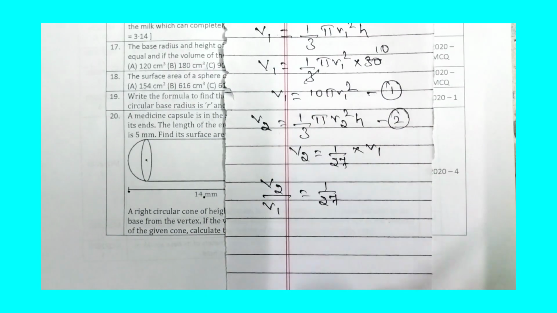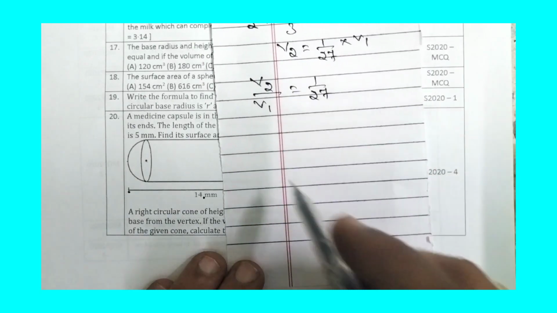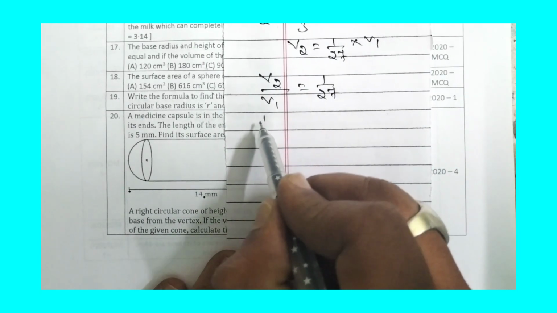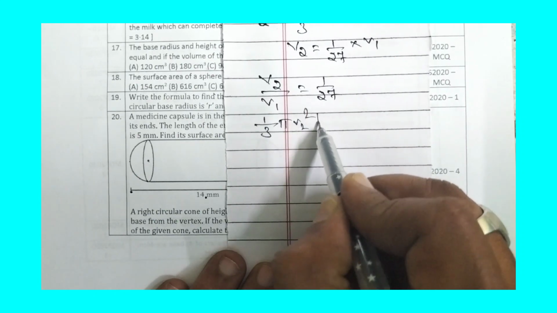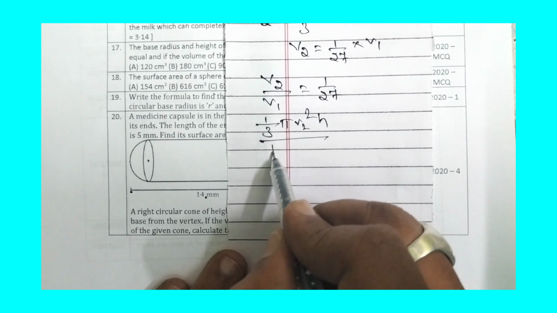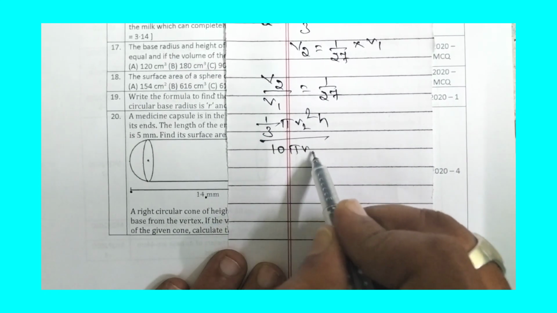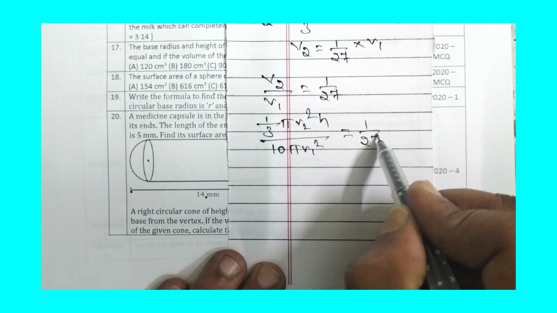So V2, let me write it. What is V2? 1/3 pi r2 square h, divided by V1. So V1 is 1/3 pi r1 square into 10, which is equal to 1/27.